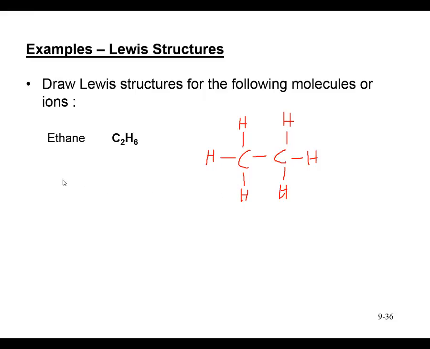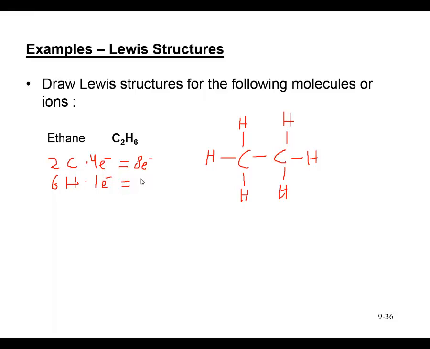If I add up all of the electrons I had in the structure, since I had 2 carbons and 6 hydrogens, and since each carbon has 4 valence electrons to build my structure out of, 4 times 2 is going to be 8, so there's my 8 valence electrons. And then if I look at my hydrogens, there's 1 valence electron each times the 6 that I have.